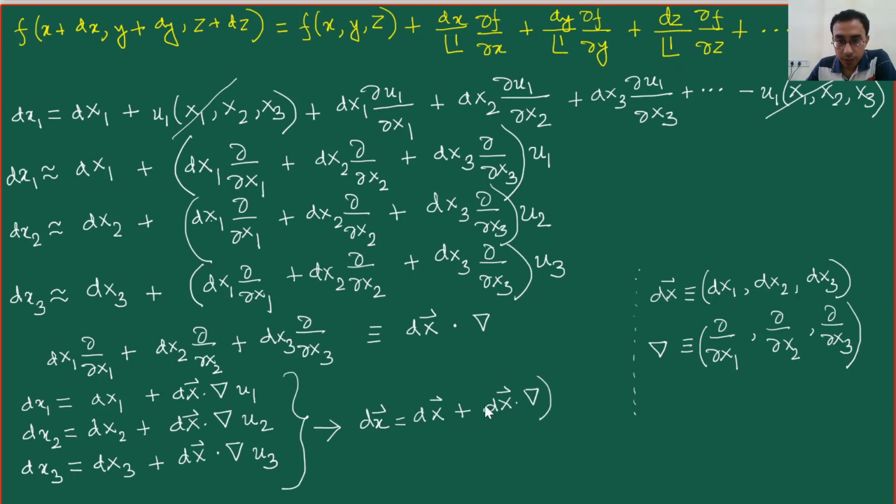This entire operator is operating on the vector u, because you note that u1, u2 and u3 are nothing but the scalar components of this u vector. So this is a very useful, very compact notation that helps us to go forward with the quantification of deformation.